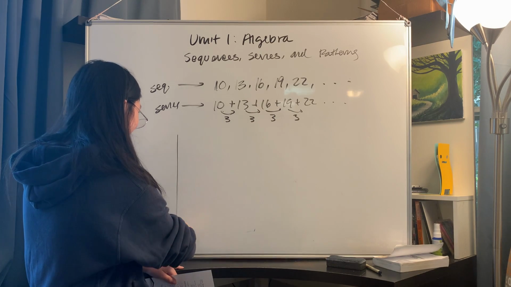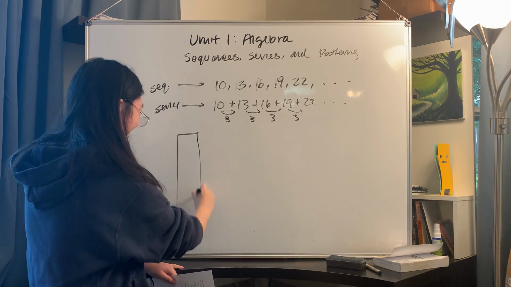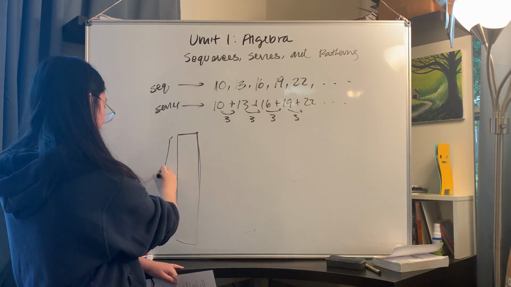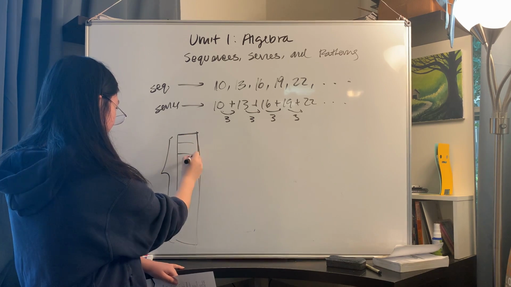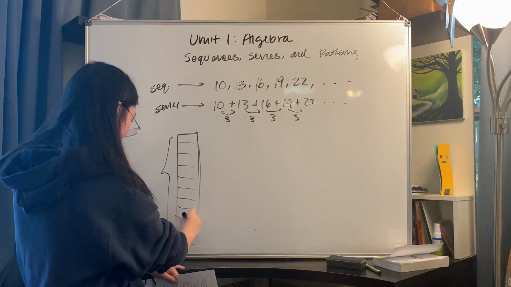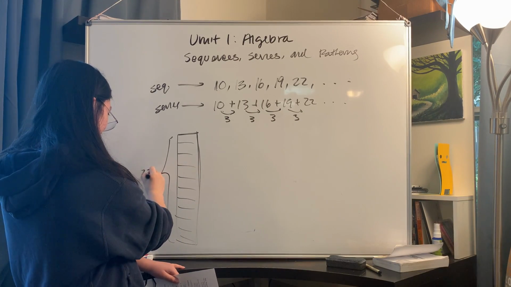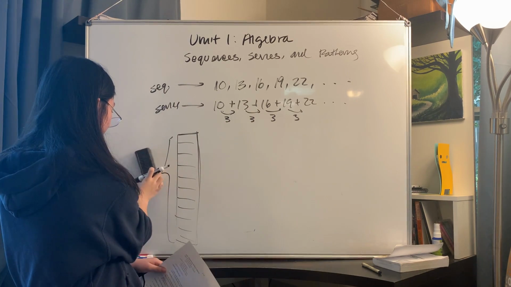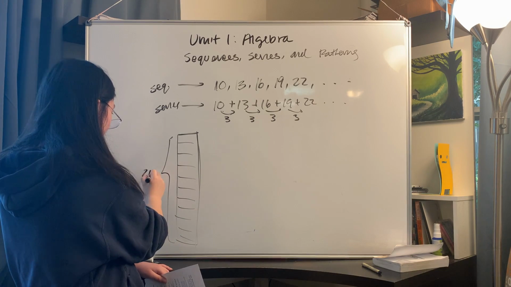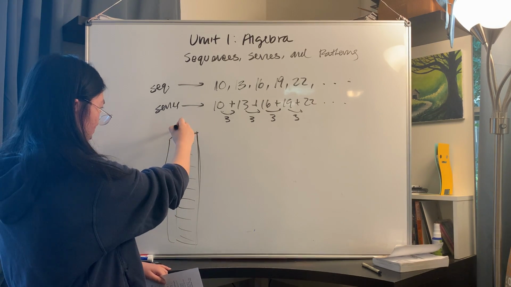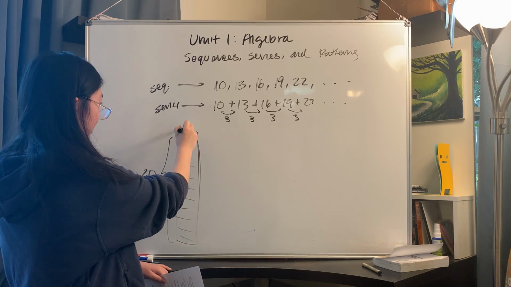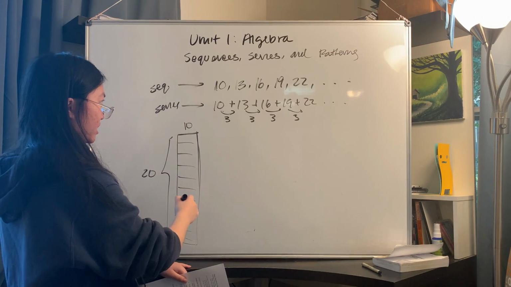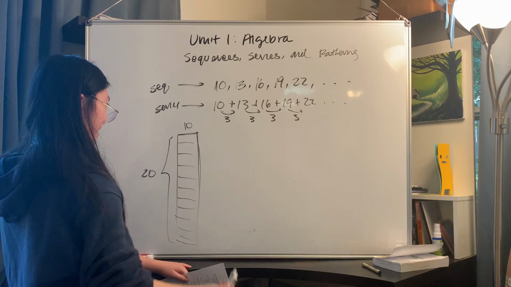So here, if I draw something like this, bear with me here, I say this is split into 20 days. So this is how long this thing is. And she's always going to receive 10 cents. But every day after, she receives 3 more cents than the previous day.